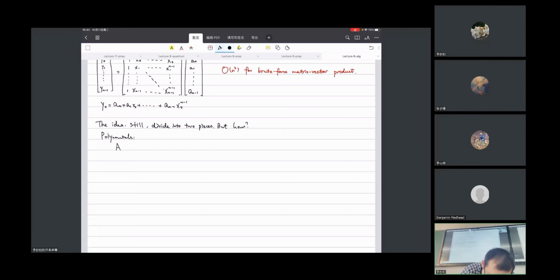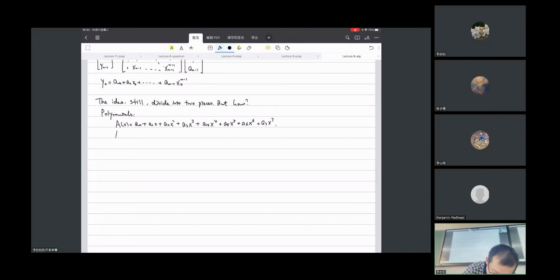Assume that you have A(x) equals a0 plus a1 x plus and so on. Maybe let me write down some terms here. Assume that we have a degree 7 polynomial here. One thing that we can think about is that we can rearrange the polynomial in terms of even and odd degrees. What do I mean by that? For even degree, we just consider the monomials with even power.